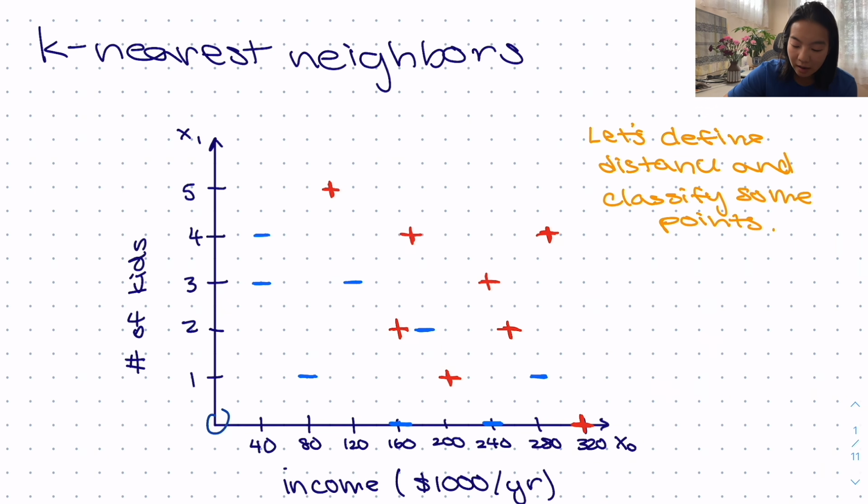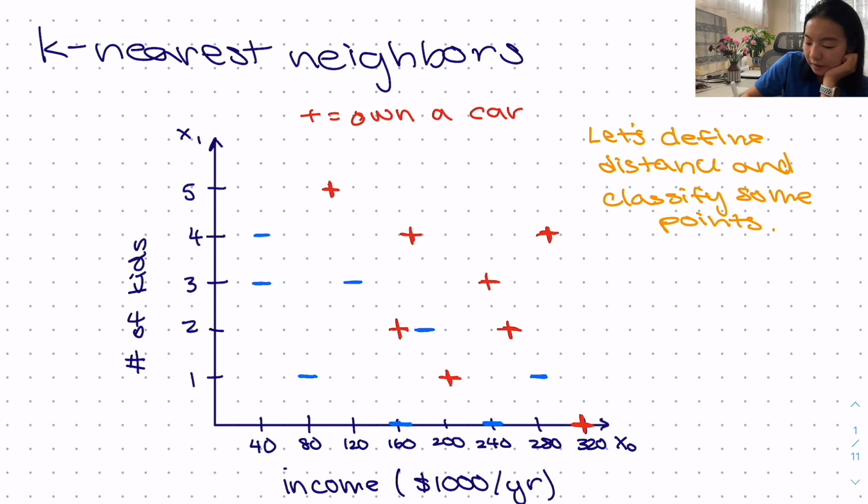And now I have these plus signs and these minus signs on here. So what I'm going to represent here is the plus sign means that they own a car, and the minus sign is going to represent no car, okay?